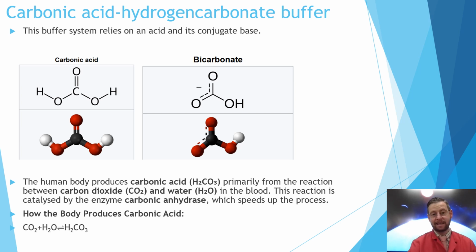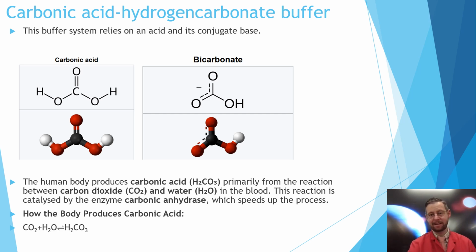And this is going to be the acid, it is going to be the dissociation of one of those hydrogens that's going to lead it to donating a hydrogen into your blood as the H+ ion. And the hydrogencarbonate is what's left over, it's the other half, it's the A- in our terminology that we were using. So just where does carbonic acid and hydrogencarbonate come from?